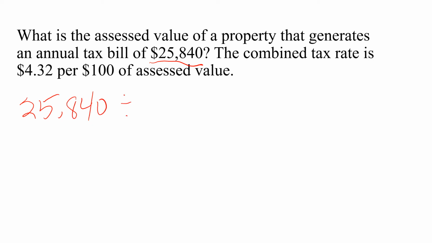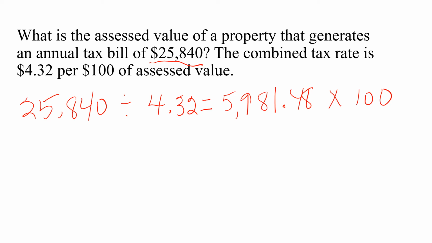We're going to divide it by our tax rate, times 100, because we had 4.32 per 100, to give us our answer of 598,148.